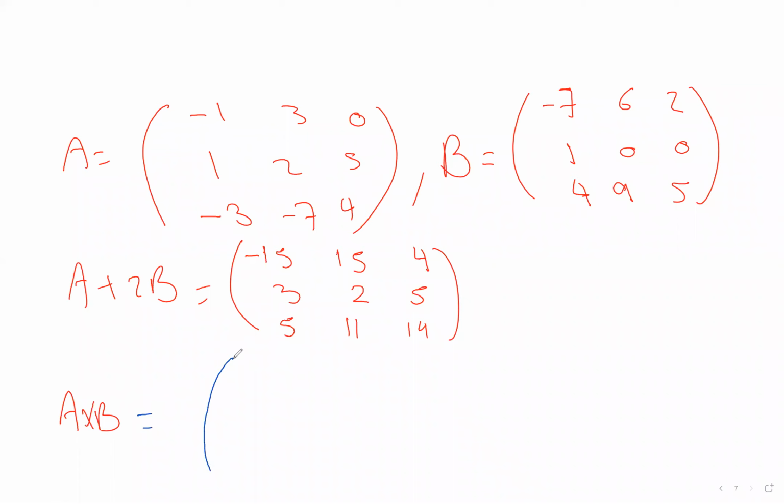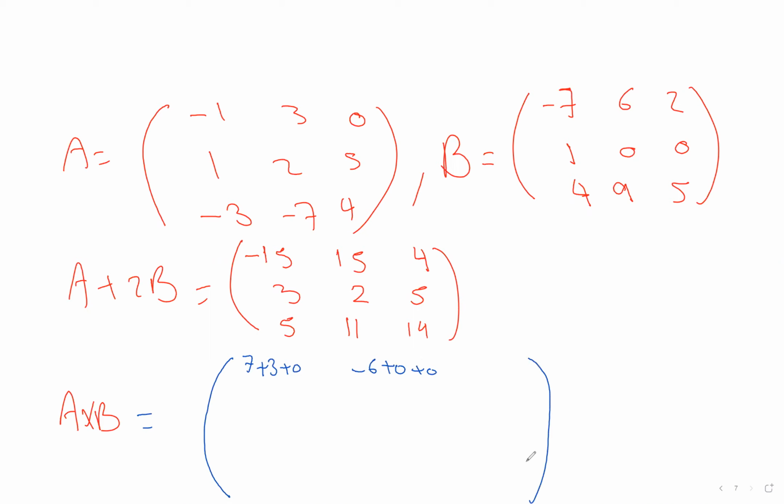A times B: negative 1 times negative 7 is 7, 3 times 1 is 3 plus 0. First row times second column: negative 6 plus 0 plus 0.